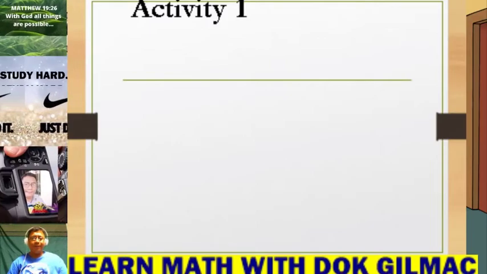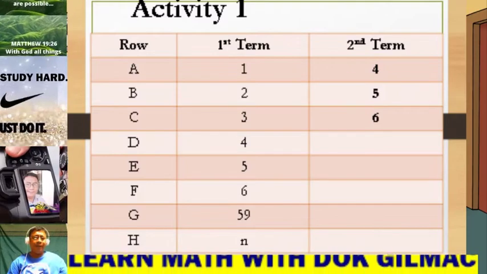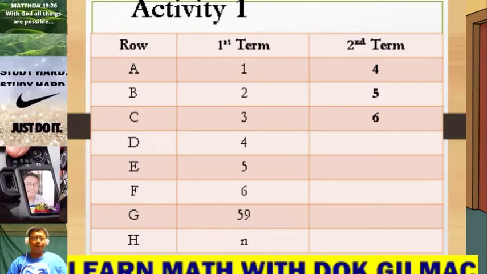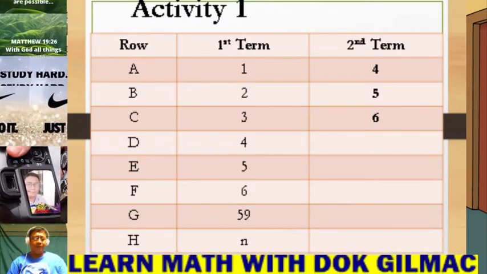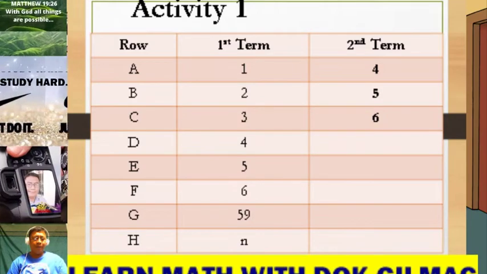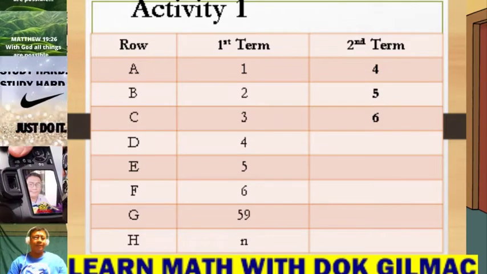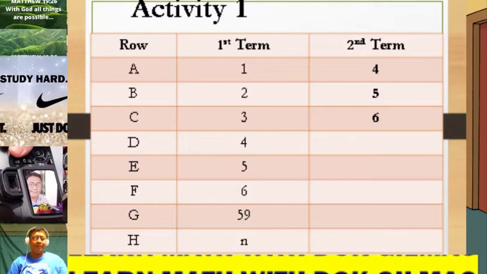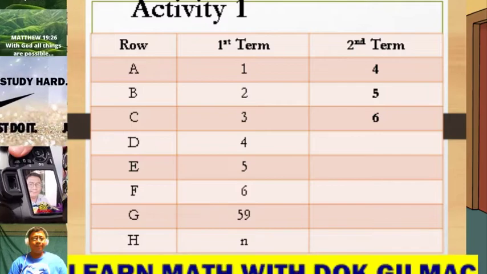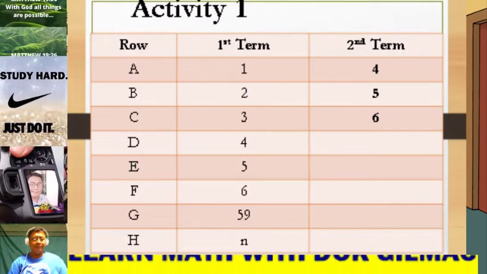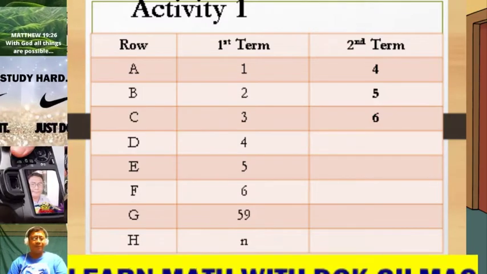Consider activity 1. I have here 3 columns for row, first term, and second term. The row consists of row A up to H, while the first term consists of 1, 2, 3, 4, 5, 6, 59, and N. Then we have the second term, which is 4, 5, and 6, wherein 1 corresponds to 4, 2 corresponds to 5, 3 corresponds to 6.